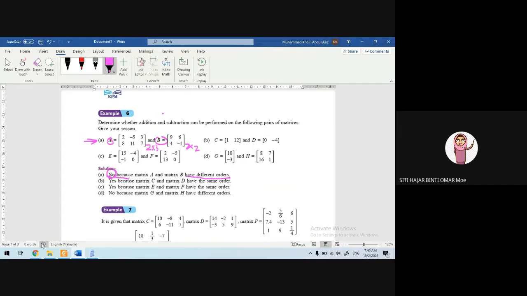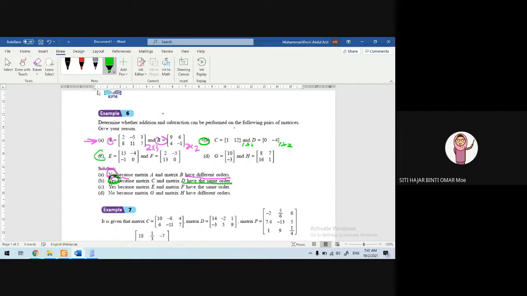Now take a look at C and B. C has 1 row and 2 columns. B has 1 row and 2 columns. So they have the same order. So yes, our answer is yes, addition and subtraction can be performed because they have the same order.